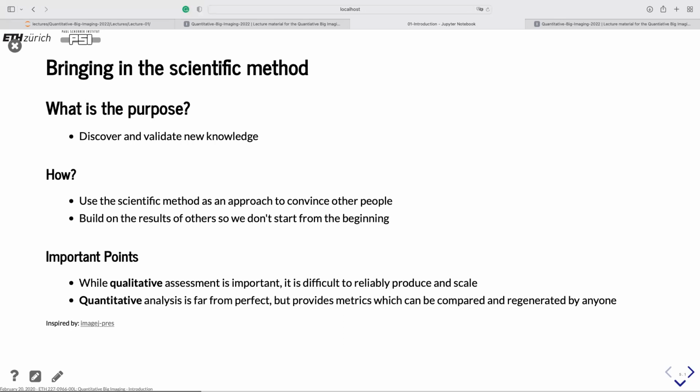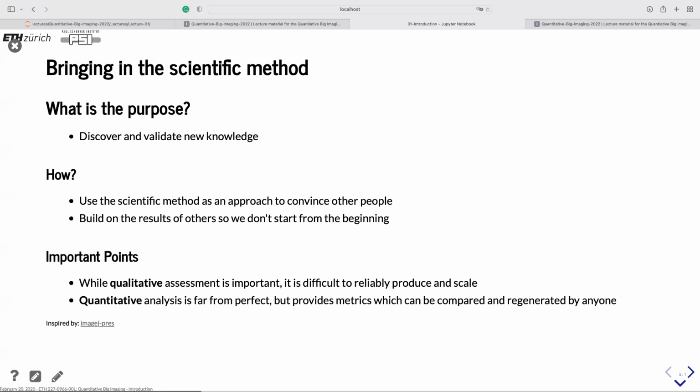And quantitative information, let's call it more perfect, but still it's far from perfect, because everything depends on which metrics you use and how you define your analysis. And then it's important to show that your analysis actually does what it's supposed to, also compared to what other people did.